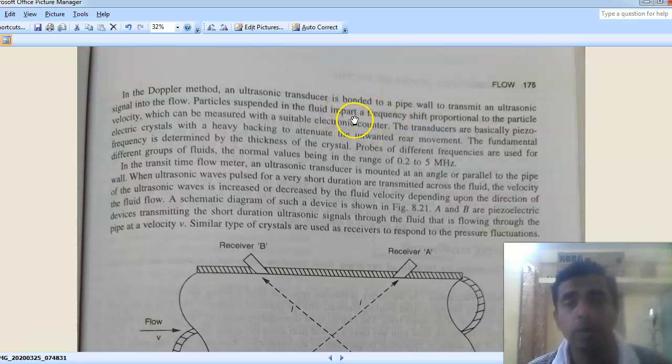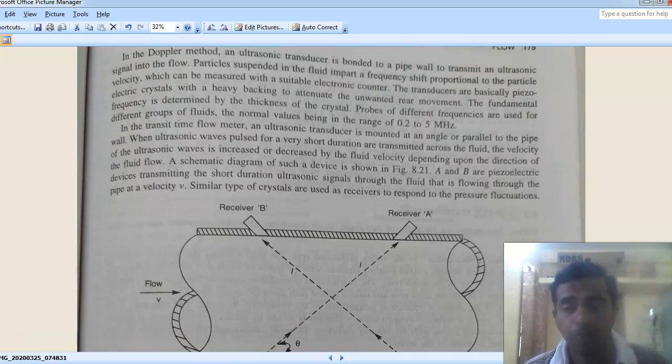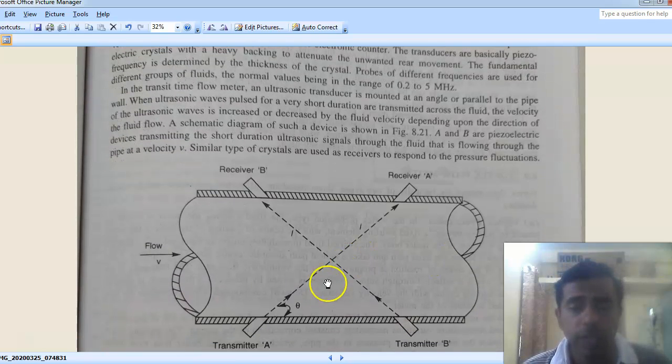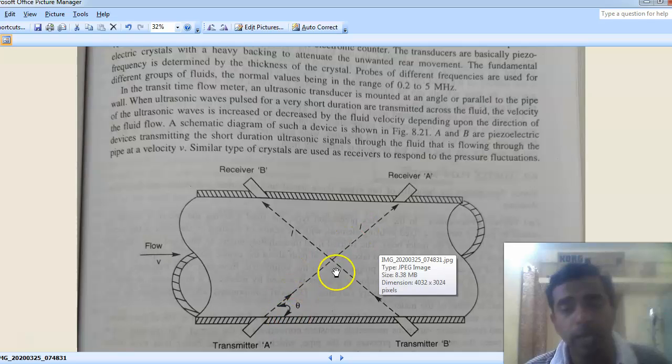The particles suspended in the fluid impart a frequency shift proportional to the particle velocity, which can be measured with a suitable electronic counter. As I mentioned, this frequency shift is imparted by the suspended particles, which is directly proportional to the velocity of the fluid. Now, when the waves are passing through the liquid, these waves will be shifted by some frequency.